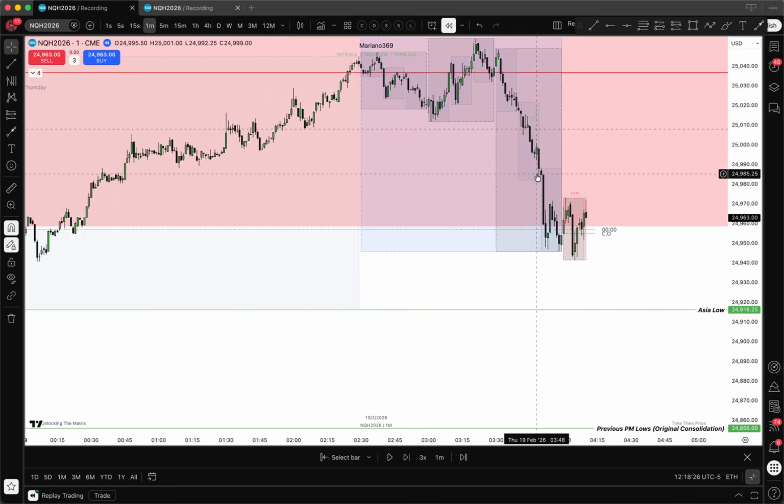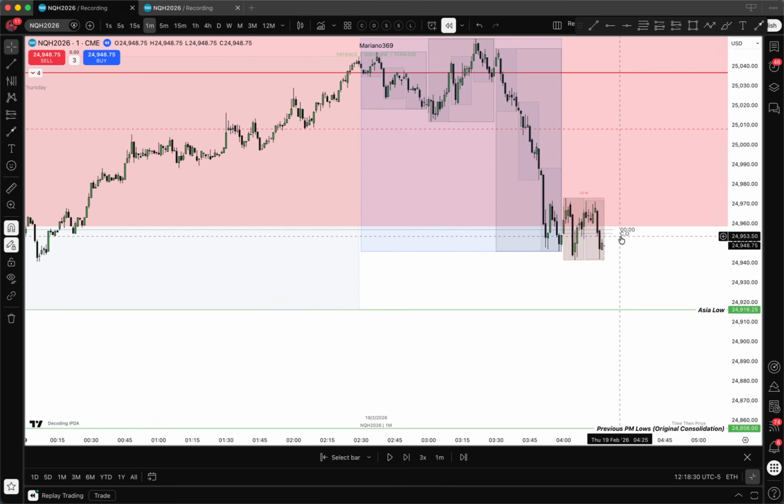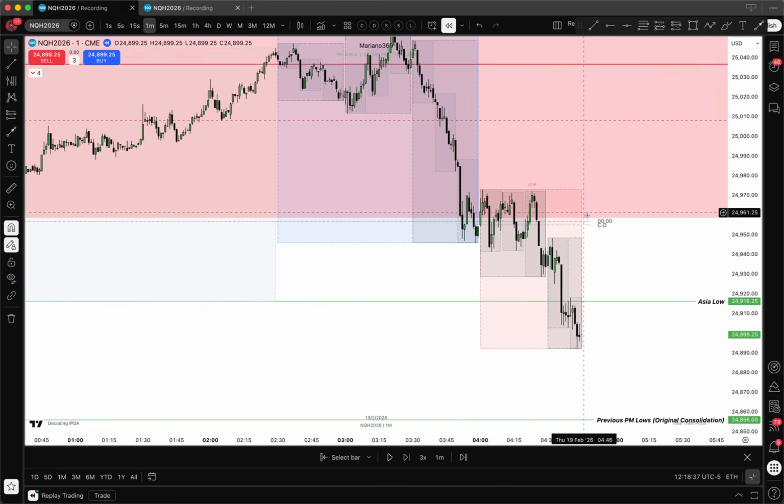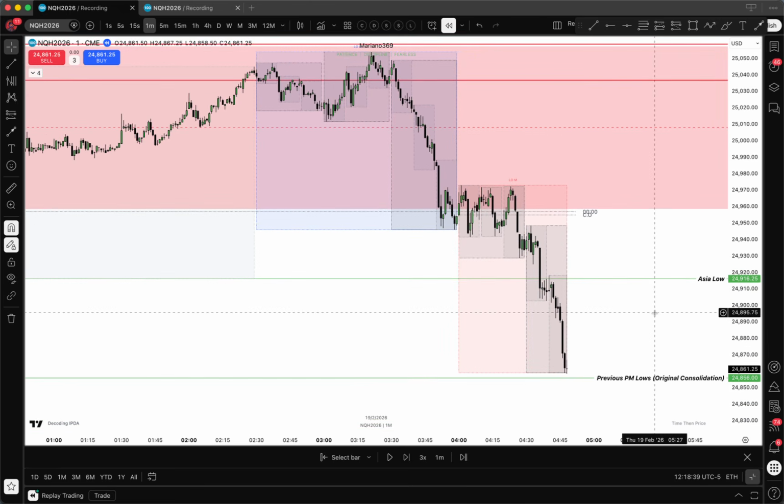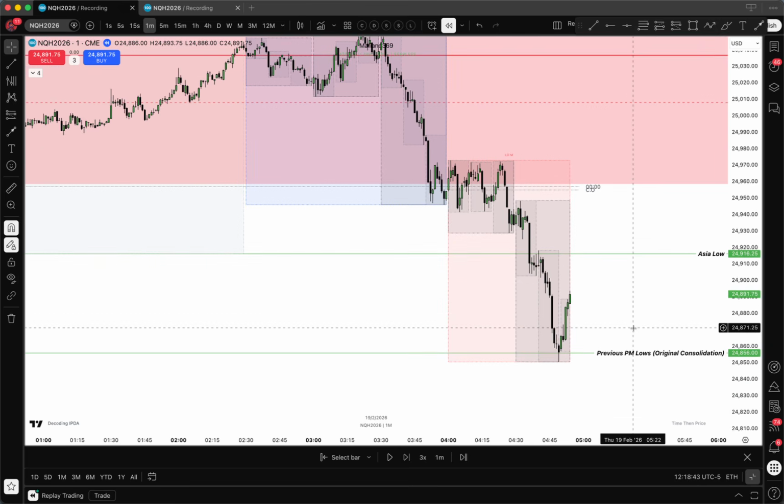Price continues to find resistance inside this CB. Smart money loads even more position inside here, and it just goes straight into our Asia low, straight into our previous PM session lows. After that, we find a little bit of support right here.